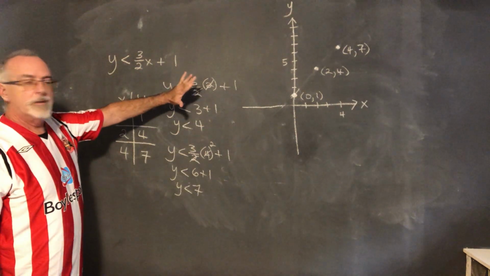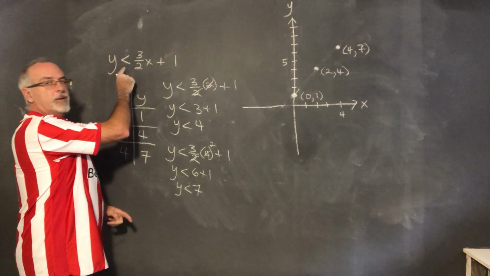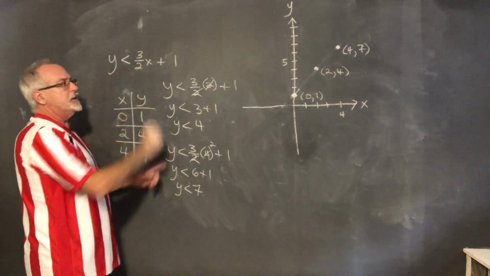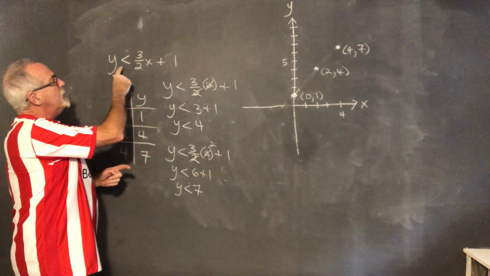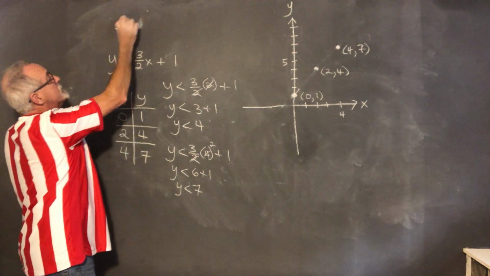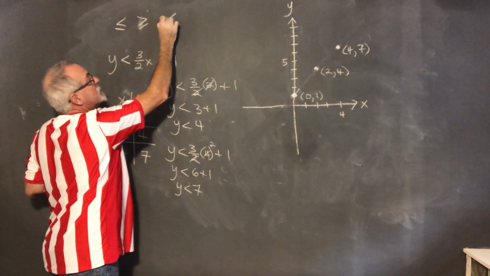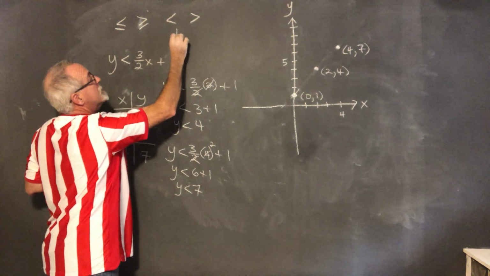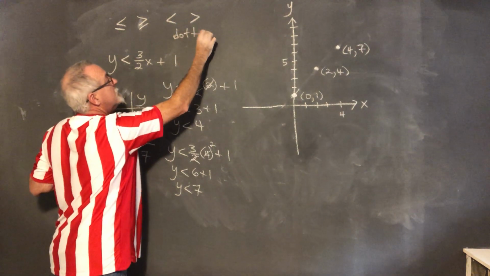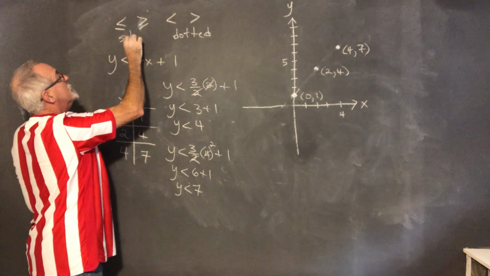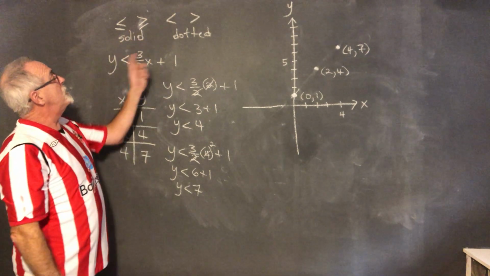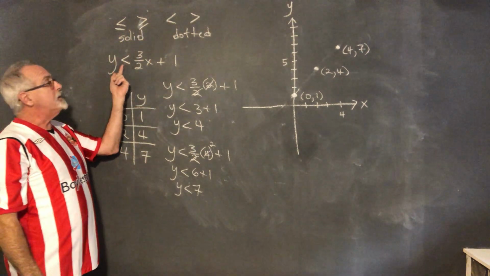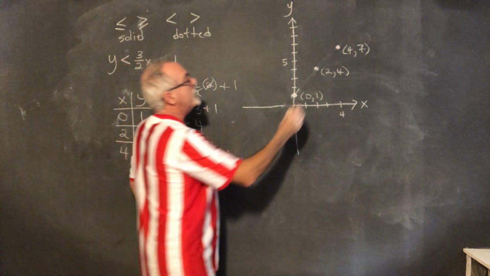there is a difference, which is when you have an inequality symbol, instead of drawing a line, you will draw a solid line if you have one of these, but you draw a dotted line if you have these. So I have less than. It's not less than or equal to, so I need a dotted line.